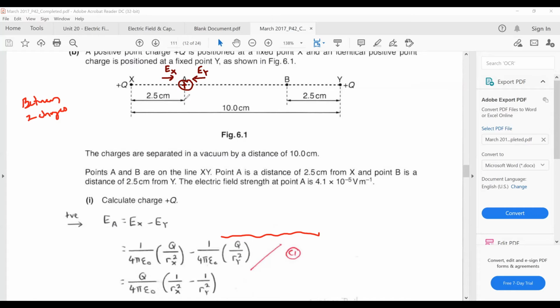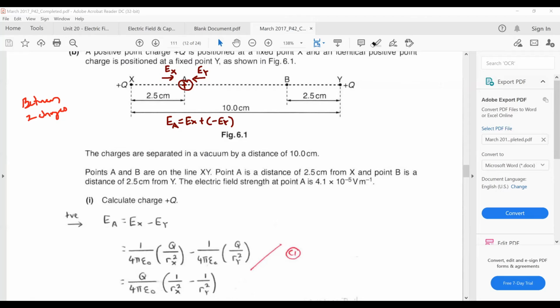So my EA is this plus this, but because they are vectors, direction has to be taken into account. If this one is in the opposite direction, this one will be negative. So it will be EX plus negative EY. So you get this. Okay.